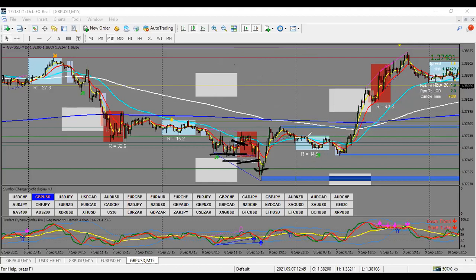Now, look at what happened here. Perfect W setup. But because we don't consider legs from Asian session, we might not be taking this trade. But this is a very good setup. First leg closed above 13 MA, came back, beat this low, then gave us some candles here, closed above 13 MA.